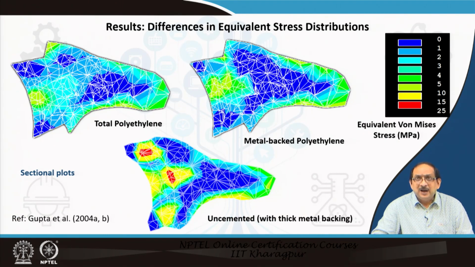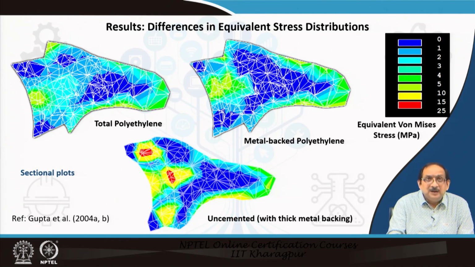Now, if we look into sectional plots in order to compare the stress distribution within the cancellous bone, we can also gain an insight into the load transfer by looking at these sectional plots of the equivalent stress distribution. You can see here, for the total polyethylene design, the equivalent stress distribution in a section through the glenoid has been plotted.